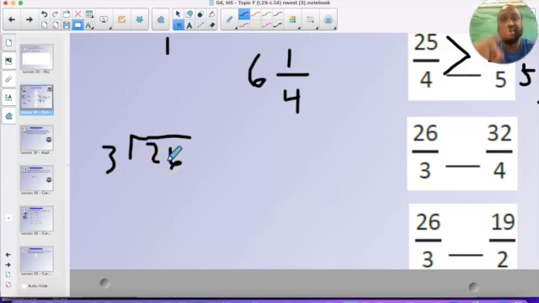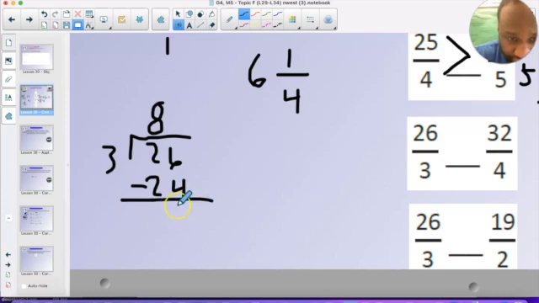I know it's 3, 6, 9, 12, 15, 18, 21, 24. So that makes 8 wholes, which is 24 pieces. I subtract that, and I have 2 left over. So that means I have 8 wholes and 2/3.